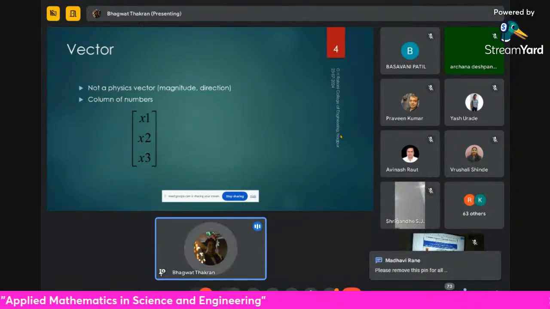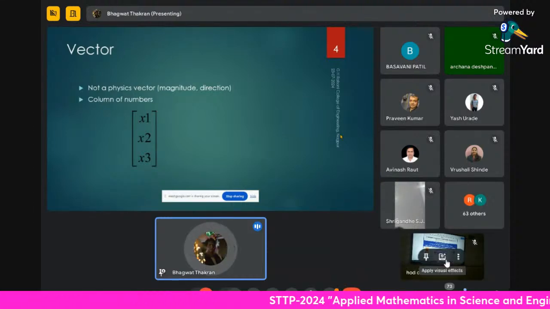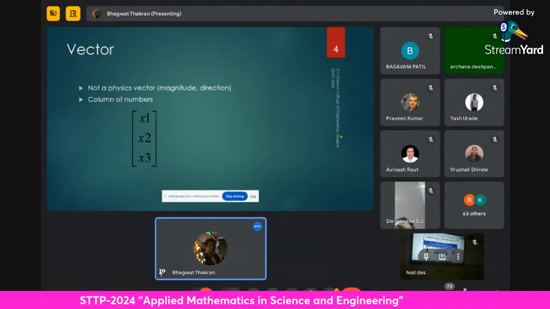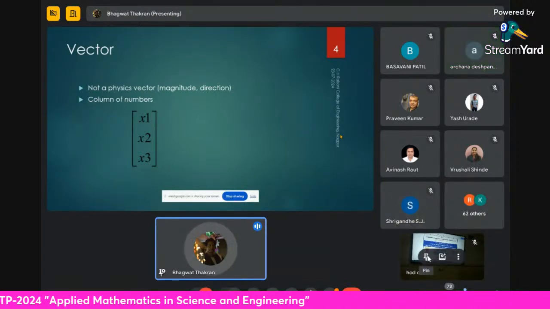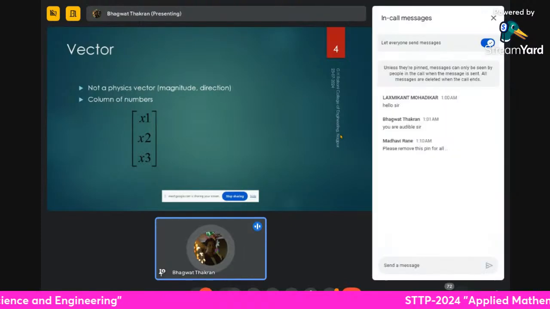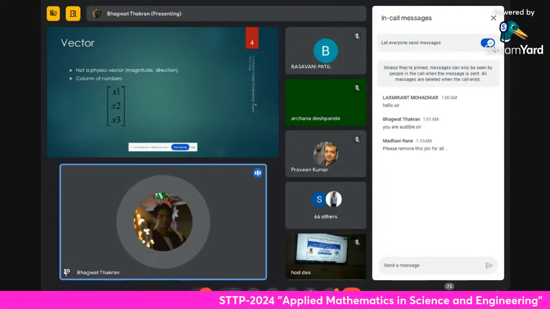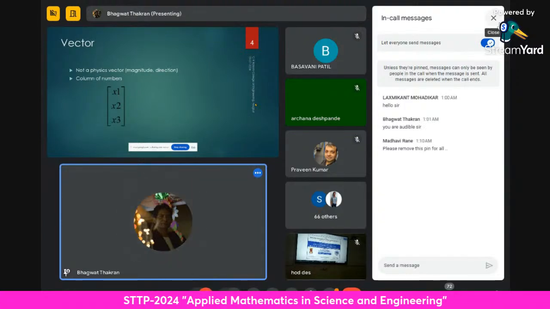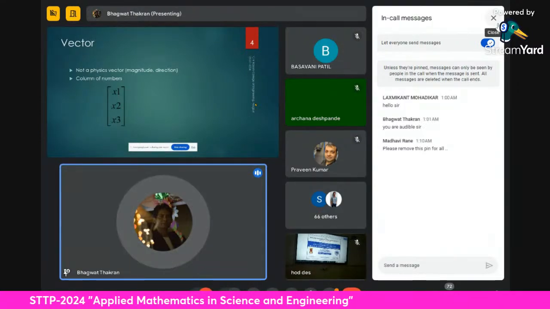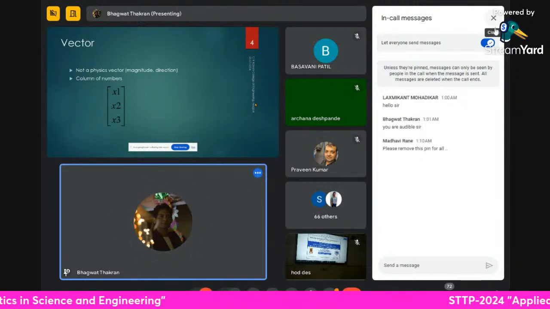If we consider a matrix, each column matrix represents a vector. For example, this matrix I have taken, x1, x2, x3, is a 3 by 1 matrix. It also represents a vector of three-dimensional space, where x1, x2, x3 are nothing but coordinates in that three-dimensional space.